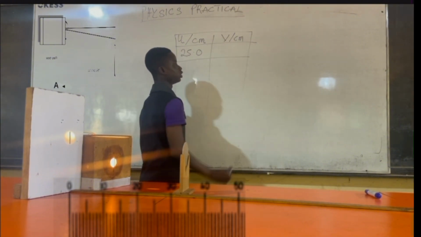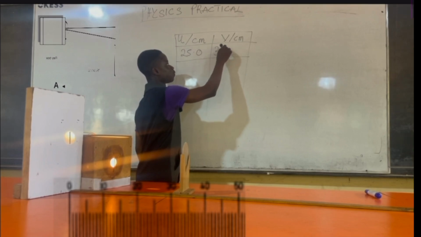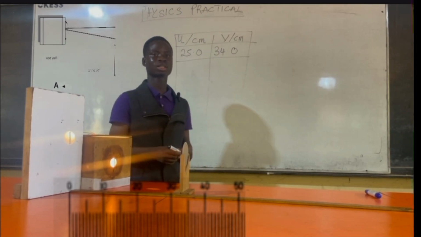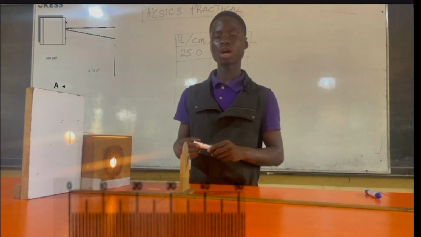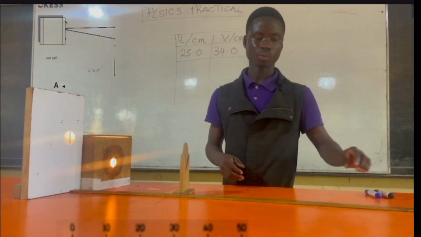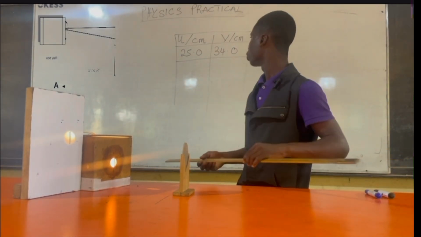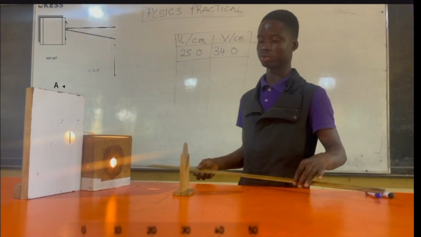For 25.0 centimeters, we had 34.0 centimeters as our image distance. We now proceed with different values of u, such as 30, 35, 40, 45 upwards.